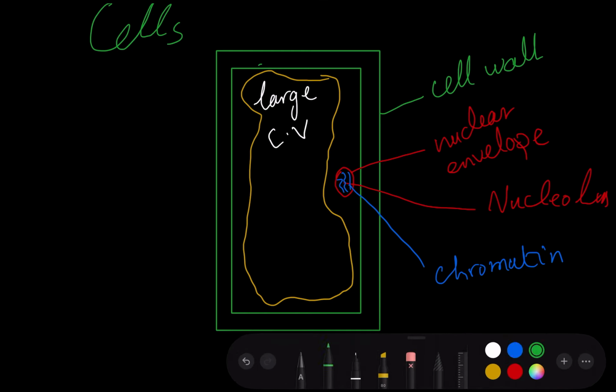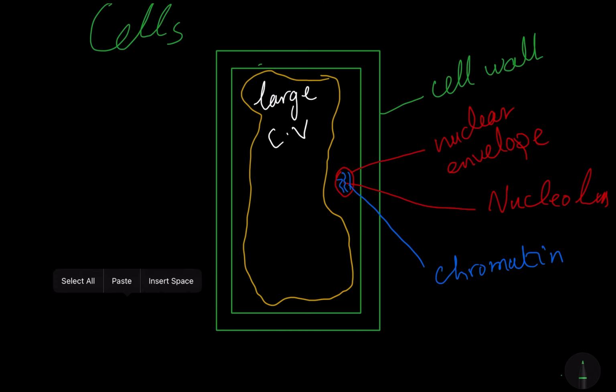Then there is this distinct thing that is not present in the animal cell, which is known as the chloroplast. The chloroplast is also present inside the cytoplasm, under the cell membrane and cell wall.